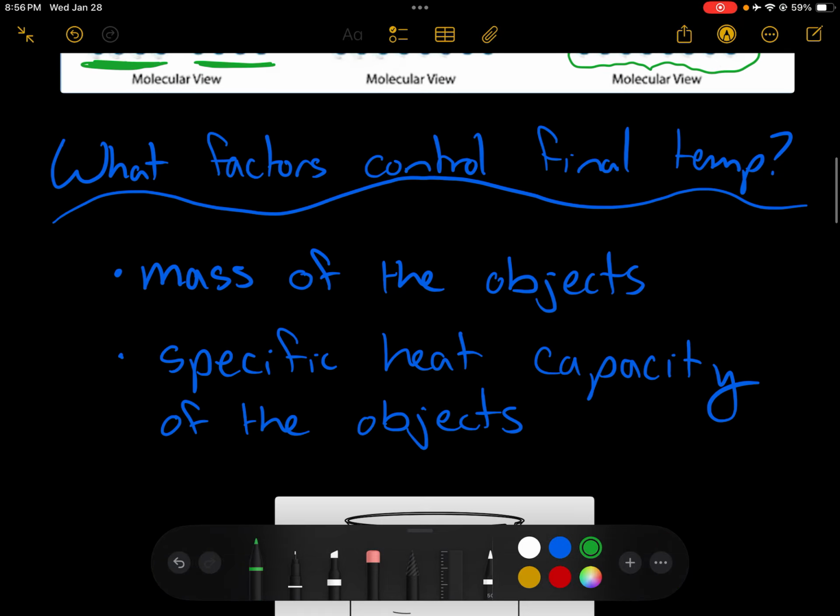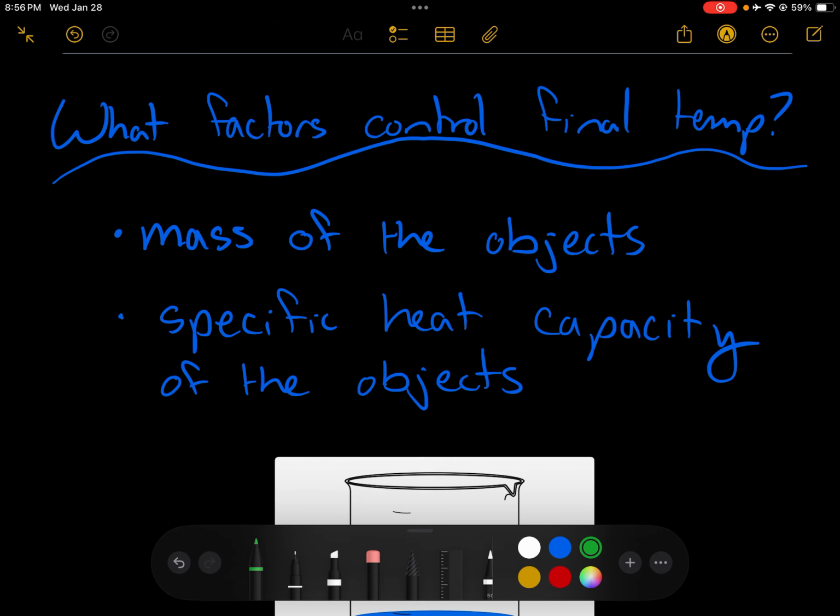And the reason for that is because it's not just the original temperatures that control what the final temp is. It's also the mass of the object. So if the mass isn't the same, that can affect your final temperature. And also something called the specific heat capacity of those objects. So specific heat capacity, I'll explain further in a second, but essentially it's an object's ability to retain heat.